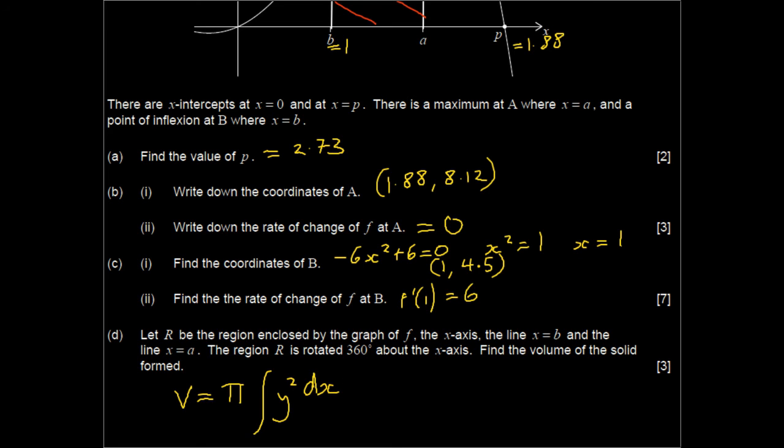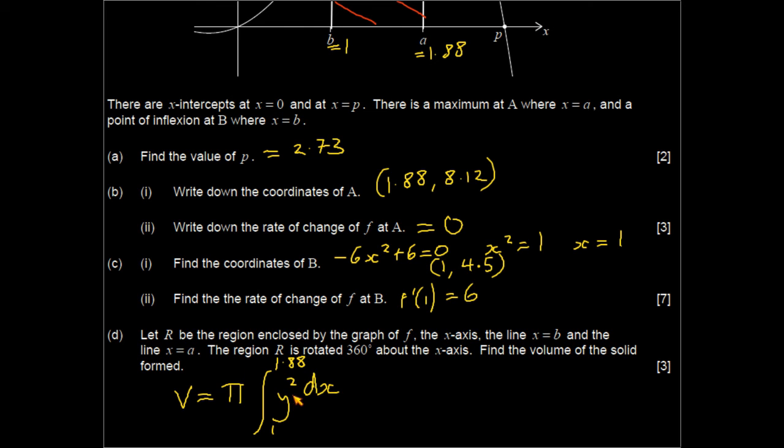So we know that the limits are between x is a and x is b. I've written that in the wrong place there. That 1.88 should be here. Okay, that one was 2.73. So the limits that we need here are 1.88 and 1. So I just need to evaluate this integral here.